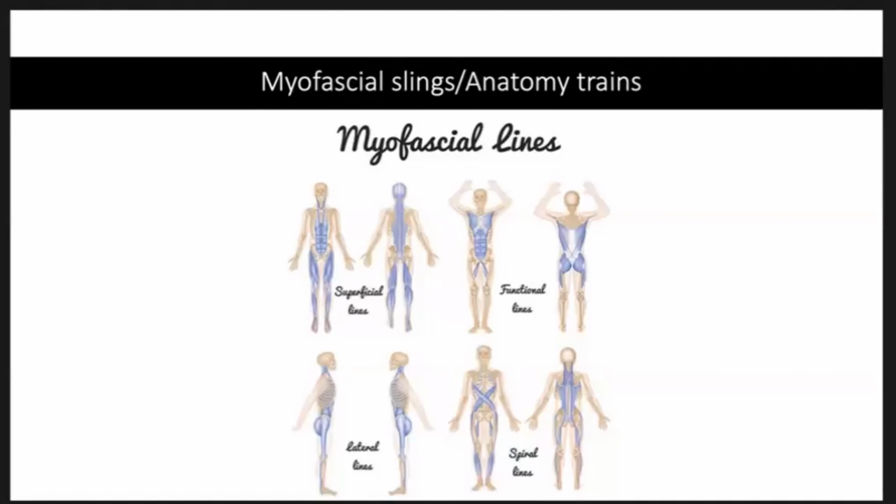Then you've got functional lines, and this you might see more in functional activities, as the name suggests, like running, where these will need to synchronize their contractions across. So when you're running with your arm, it's one arm up, one leg up, or one leg back. But it's all connected in a kind of crisscross pattern.